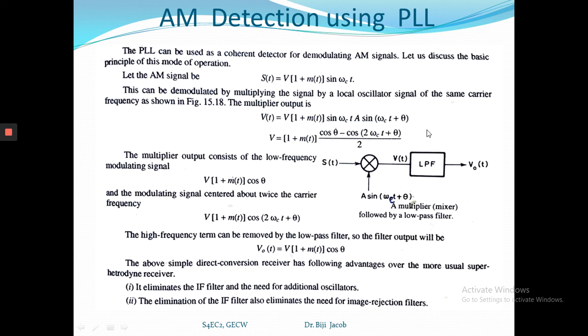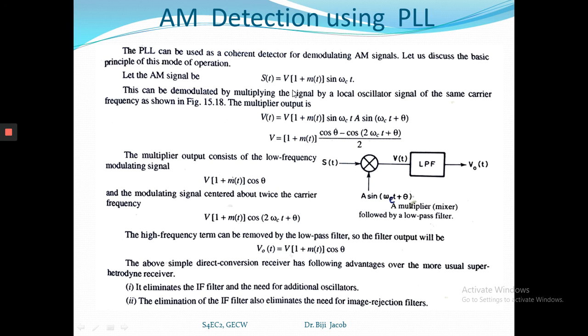And the fourth application of PLL is that PLL can be used for coherent AM detection. As you know, amplitude modulation means the amplitude of the carrier will be varied according to the modulating signal.